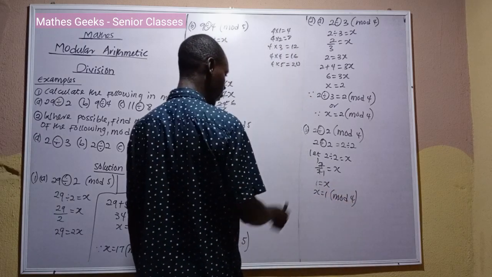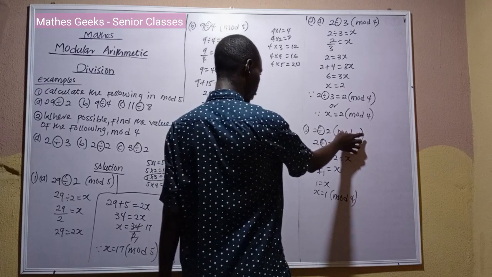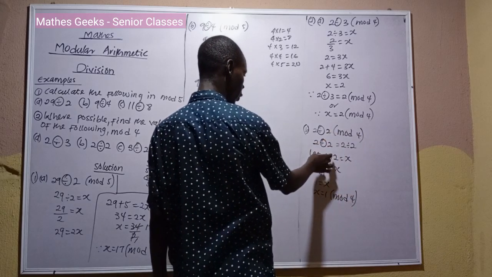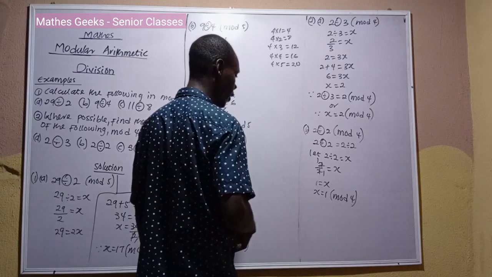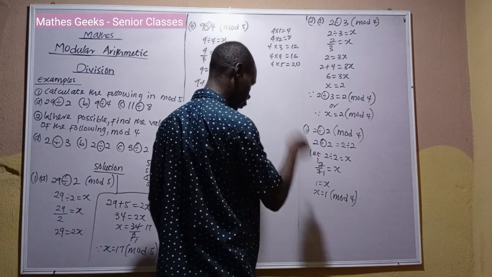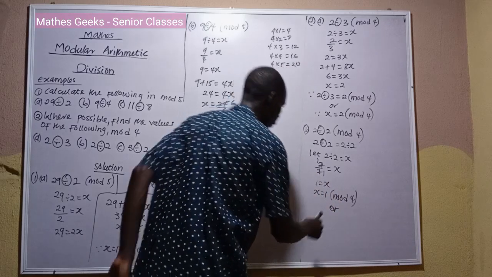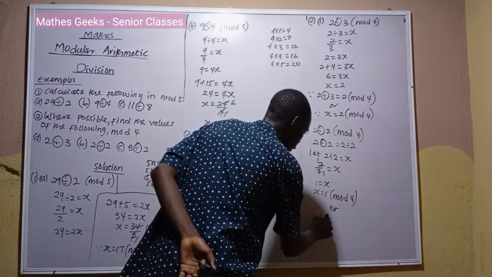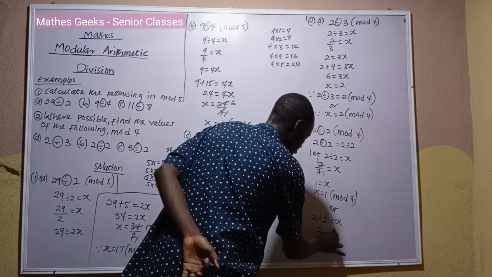So let's see. We didn't use the multiple of 4 and add it to 2 to determine if it's divisible by 2. So let's see if we're going to get a value from that. Let 2 divided by 2 equal x, which means 2 over 2 is equal to x.